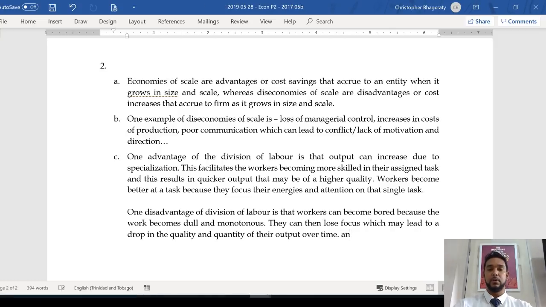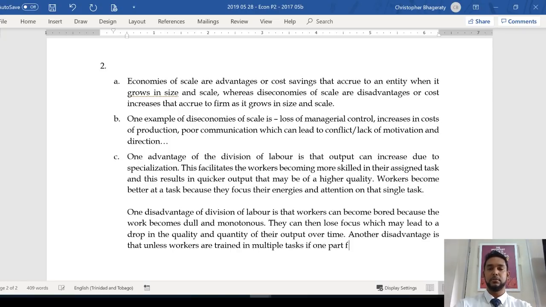All right. Another disadvantage is that unless workers are trained in multiple tasks, if one part of the production chain, what would you guys want to use?